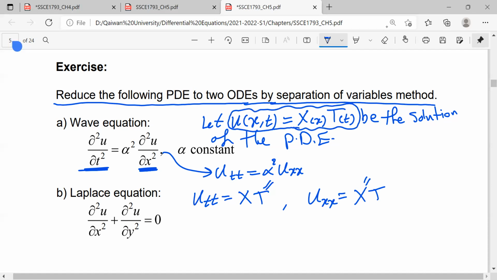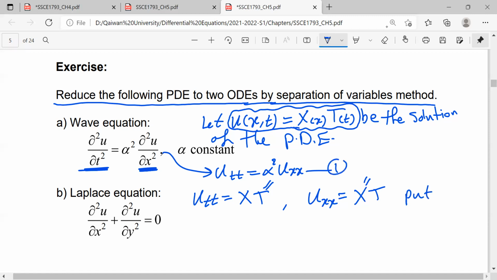To find the partial derivative with respect to x, T of t is a constant. So we just take the derivative of X: X prime, X double prime, X triple prime, and so on. So we get X double prime times T for u sub xx, and for u sub tt we get T double prime times X. That's it.